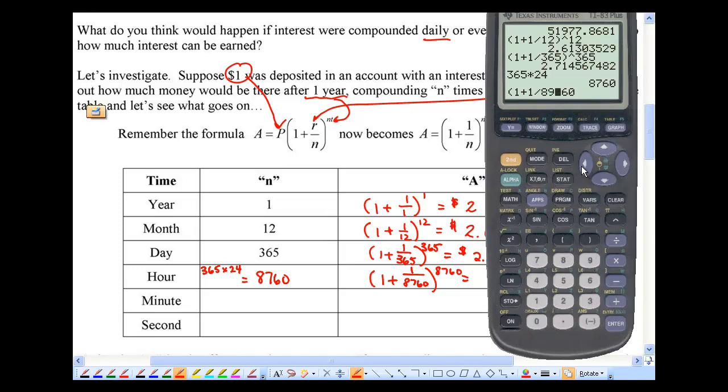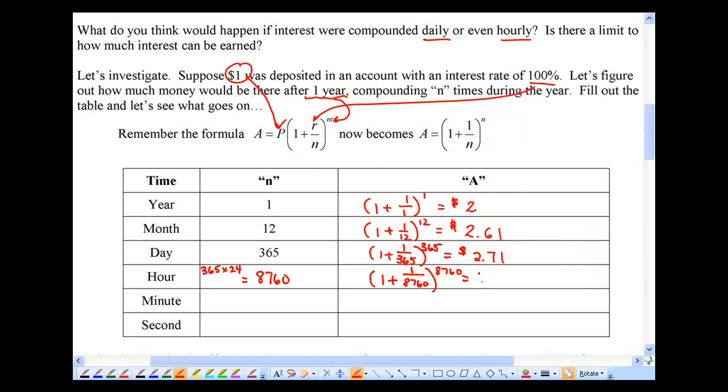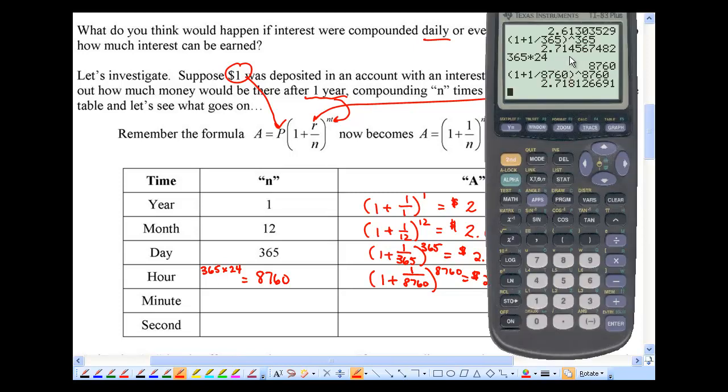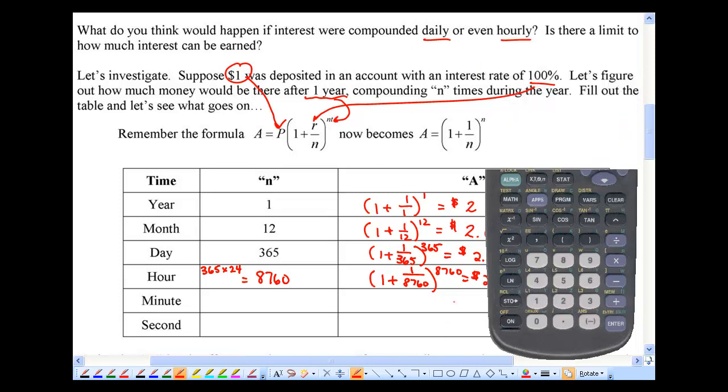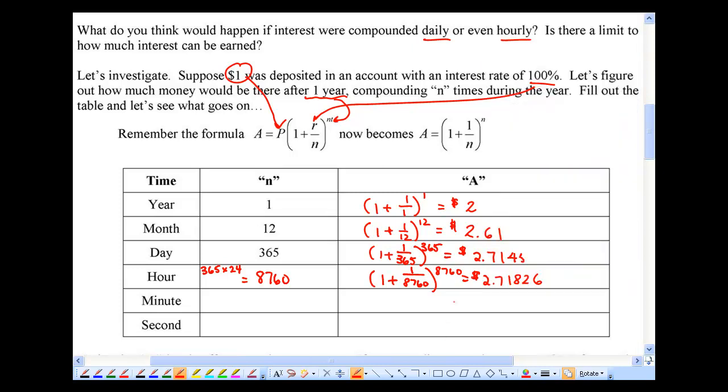And I get 2.718. So now I'm going to keep more decimals: 2.718126. Let me go back to the previous one, 2.714567, just so you can see the increase here.